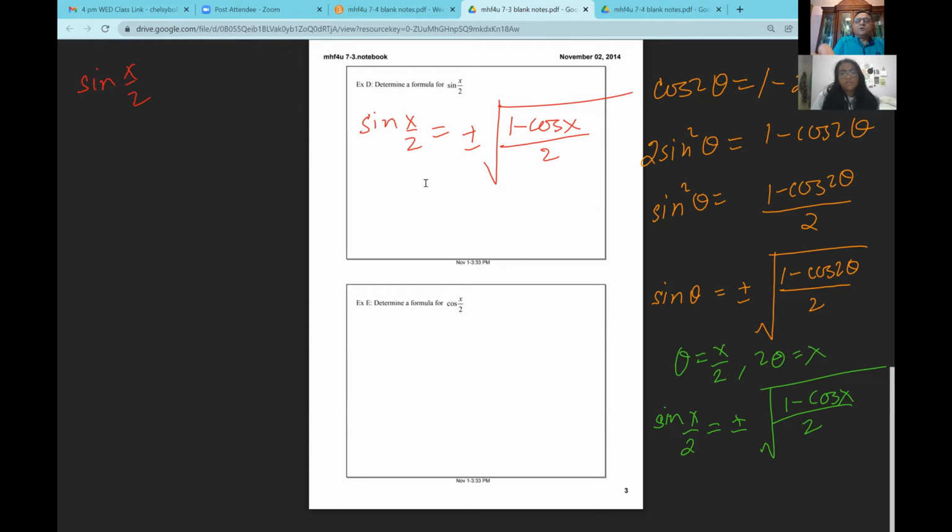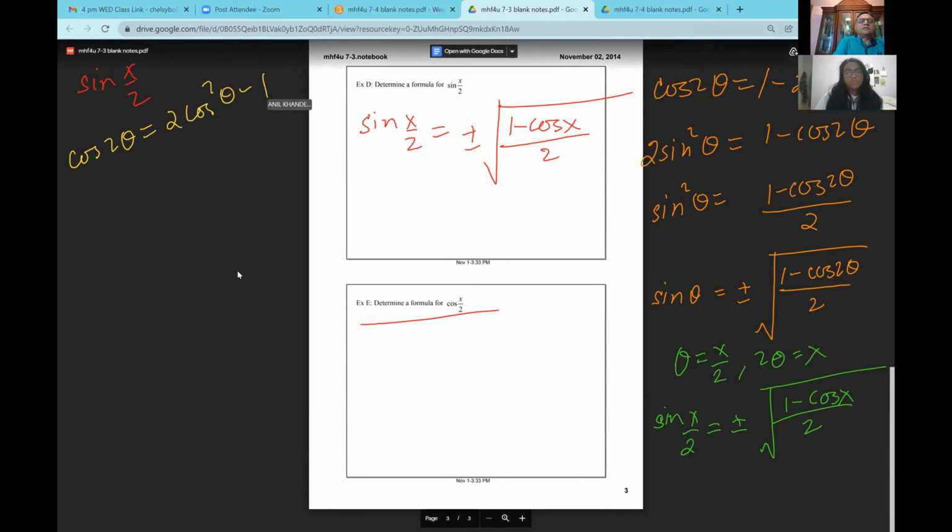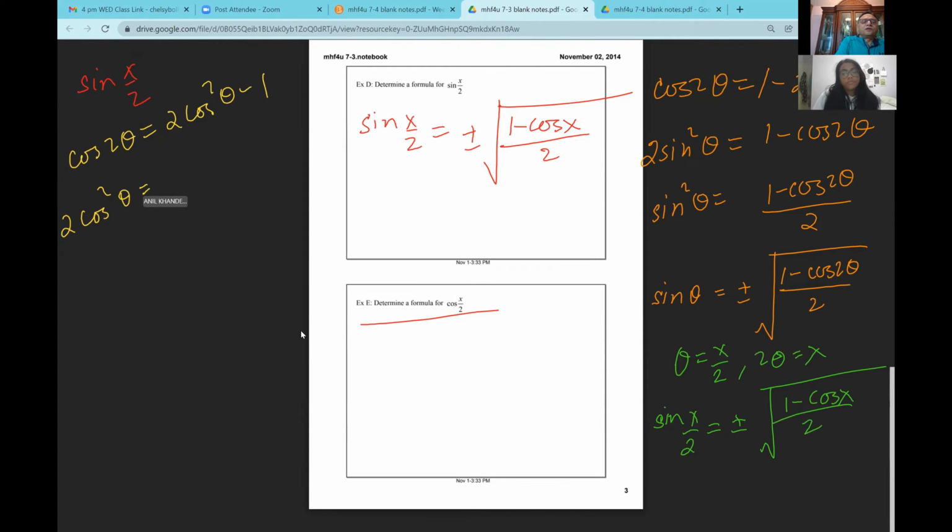So remember one more, which is to determine the formula of cos x by 2. A similar calculation we can do for cos x by 2, right? So can I quickly do it? We know cos 2 theta equals 2 cos square theta minus 1. Bring them together. We get 2 cos square theta equals cos 2 theta plus 1. So we have cos square theta equals cos 2 theta plus 1 divided by 2.